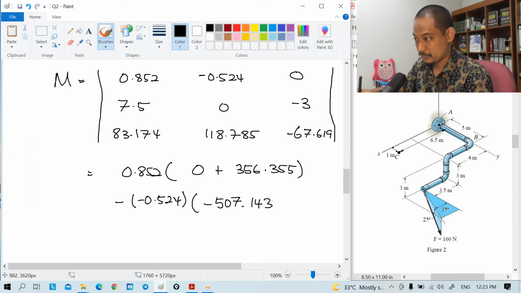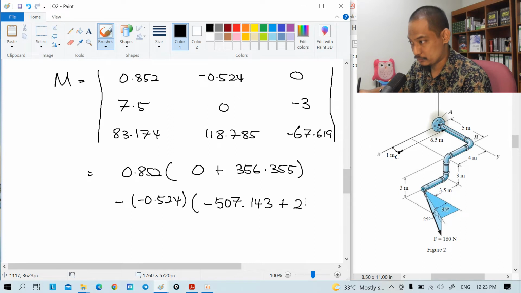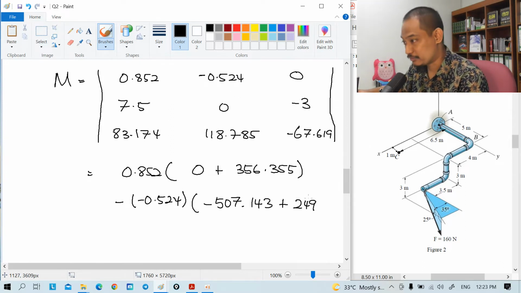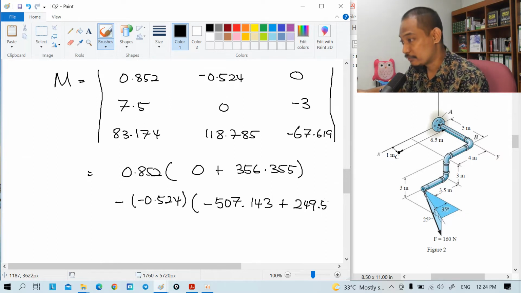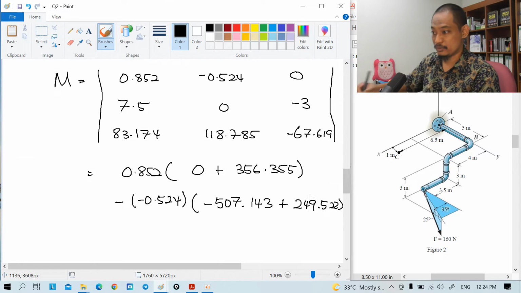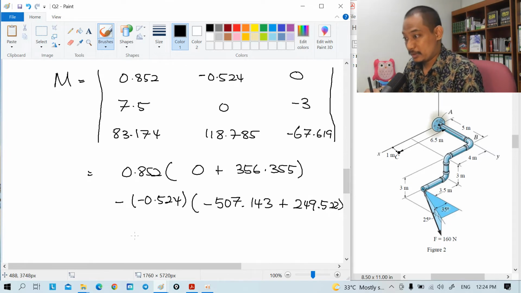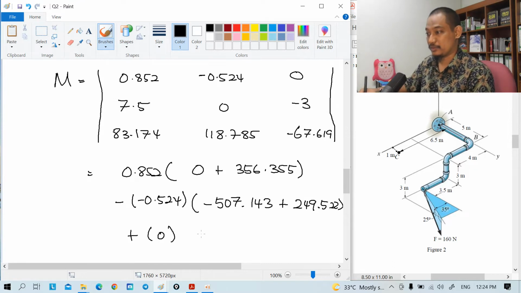Okay, this becomes plus 249.5 point 259.522. Okay, and then plus 0, this doesn't matter, right? Because this is 0.